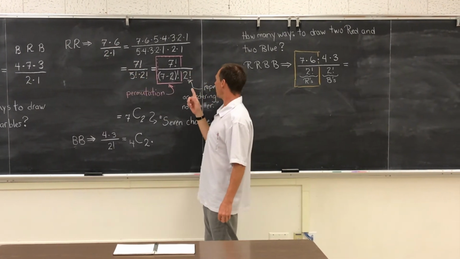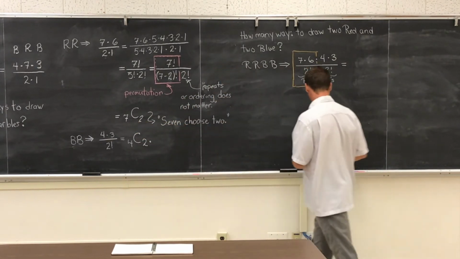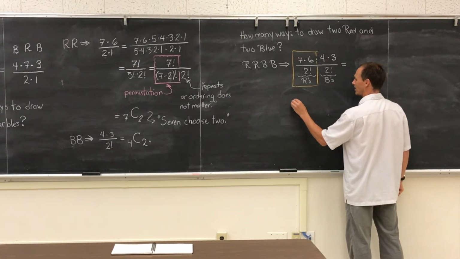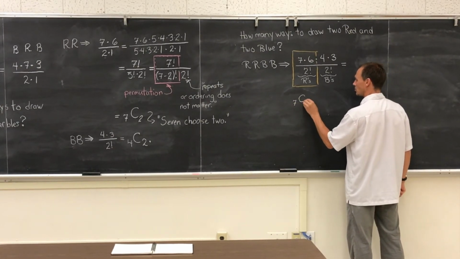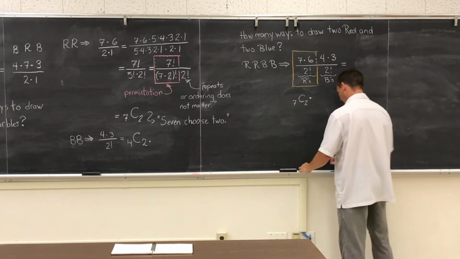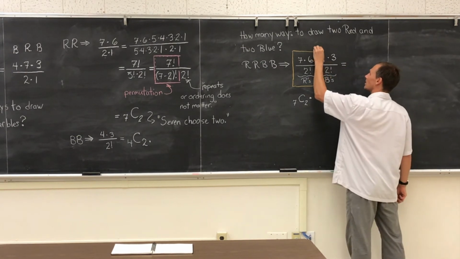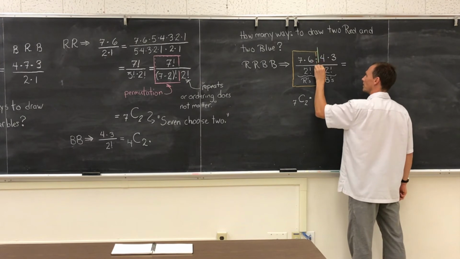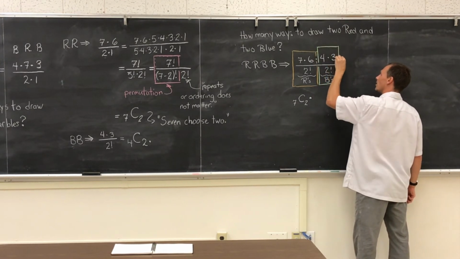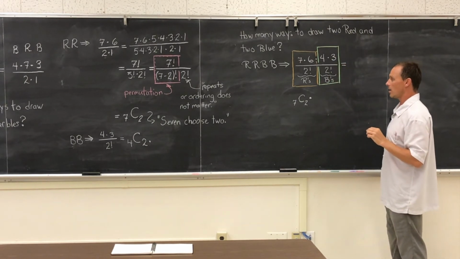Wait a minute, that was 7 choose 2. That's 7 choose 2. Let's rewrite that. Oh my. This piece here is the same as 7 choose 2. And I have a times, and I have this pretty green. Let's look into this green box for a moment. Into this green box, I have 4 times 3 over 2 factorial. There it is.